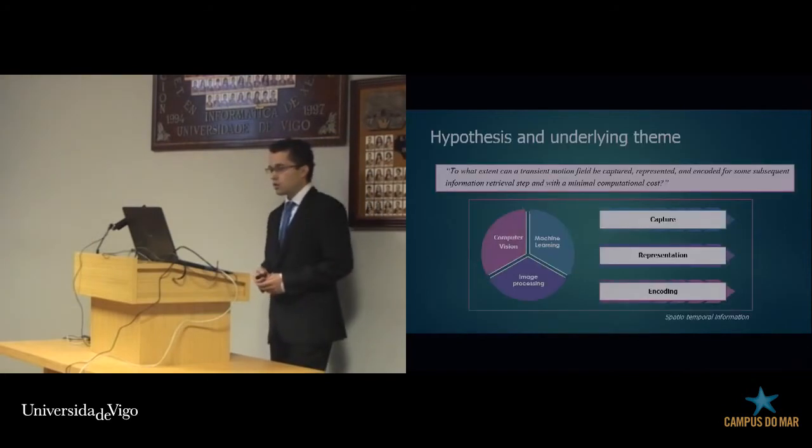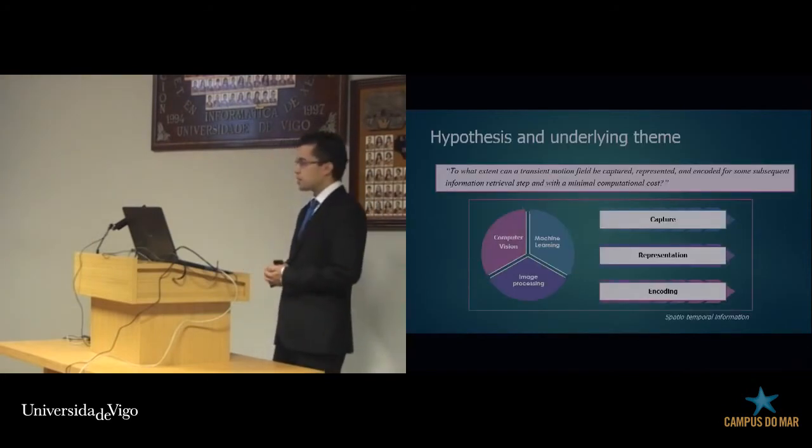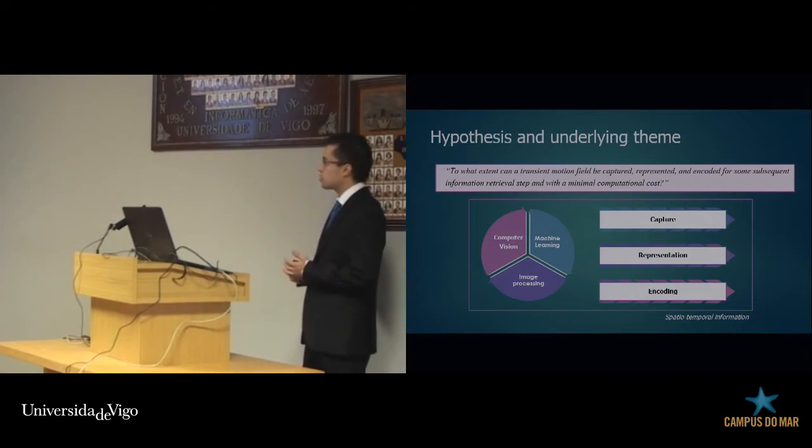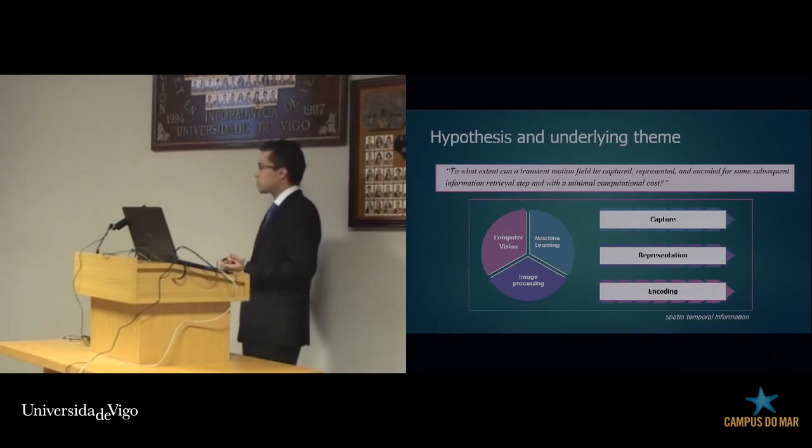The hypothesis that we did is: to what extent can a transient motion field be captured, represented, and encoded for some subsequent information retrieval step in real time and with a minimal computational cost? So we need to capture, represent, and encode this information to get everything that we need.